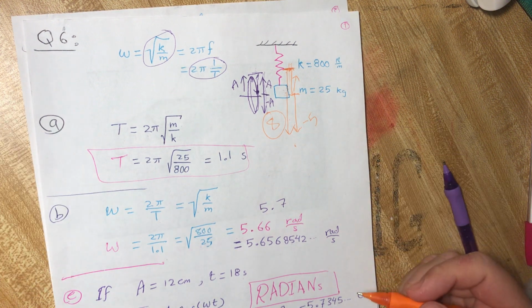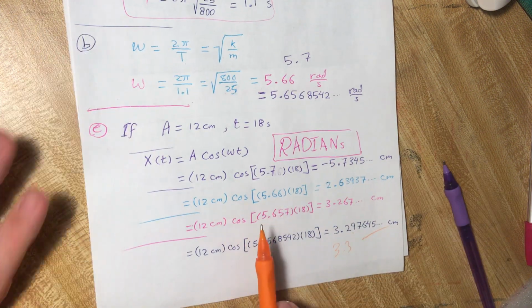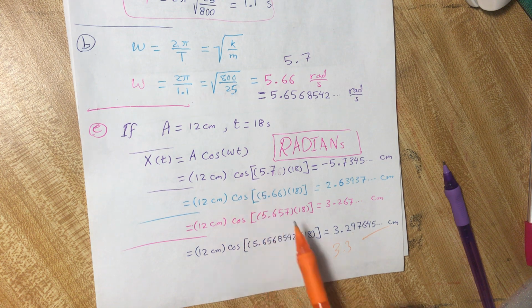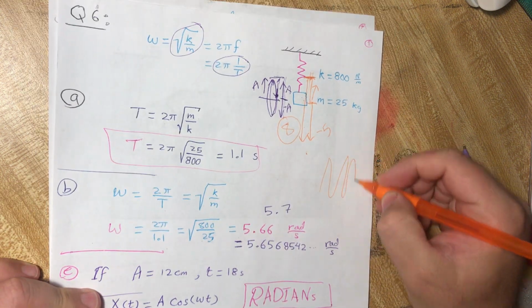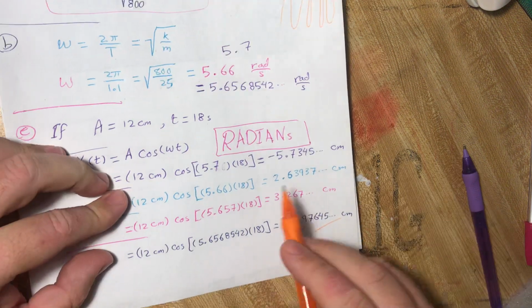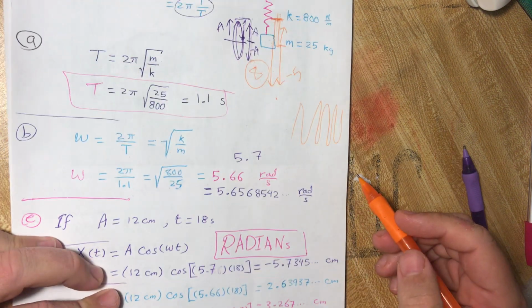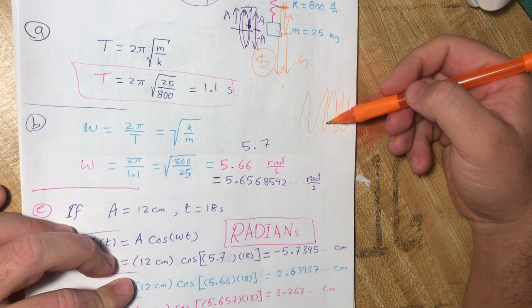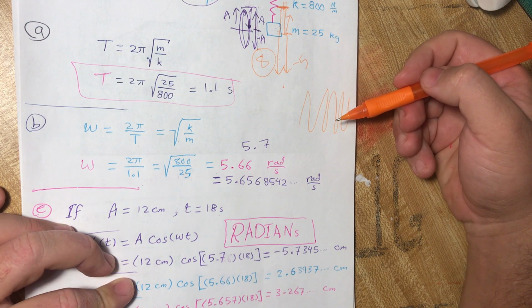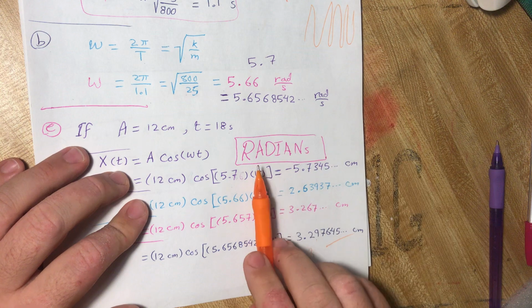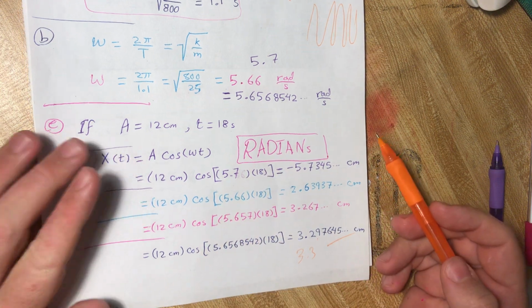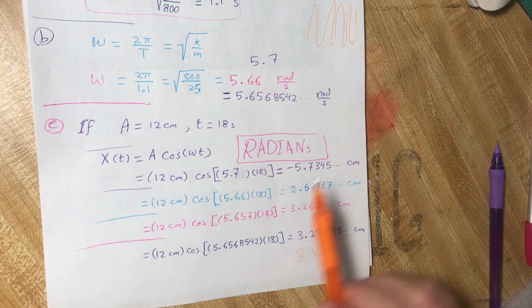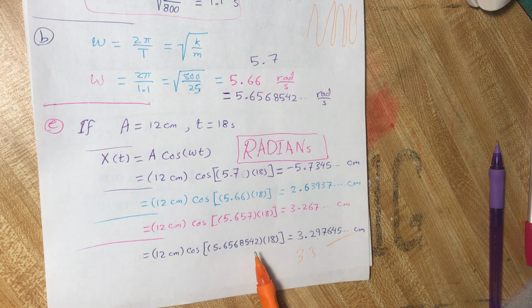Why did that error appear in this formula? Because this is cosine, and cosine is a periodic function, and it is fast in our case. It changes its direction and its position in a fast way, and we use radians. If we use degrees, it will not be that difficult.